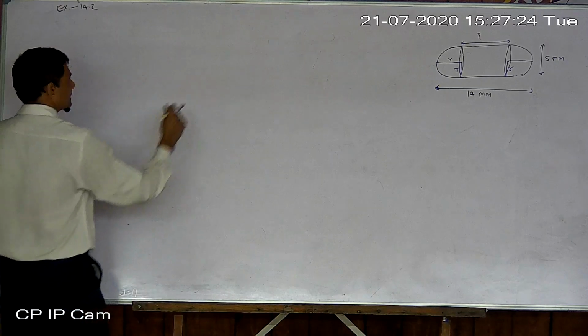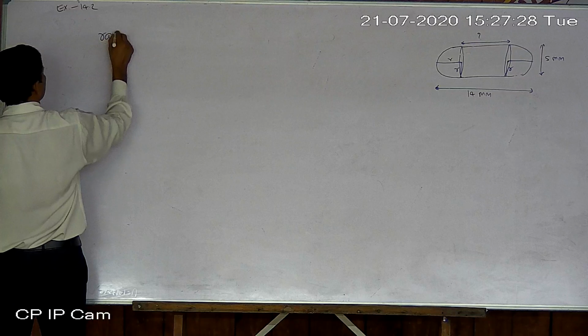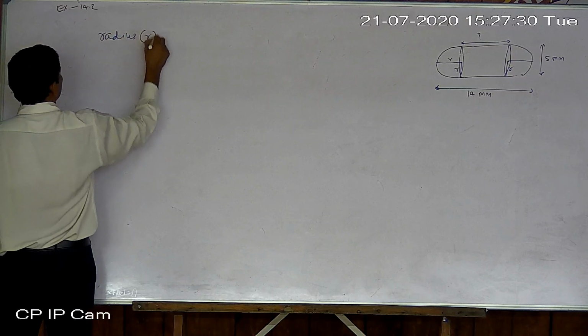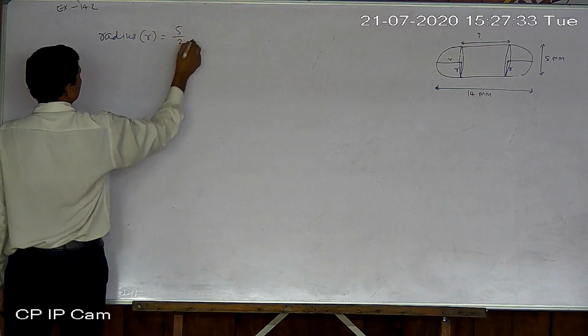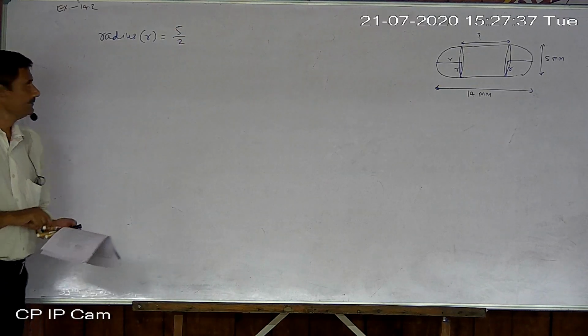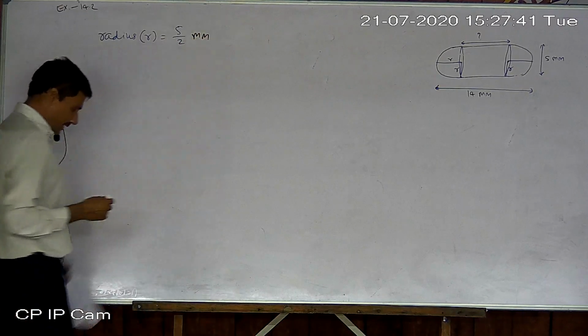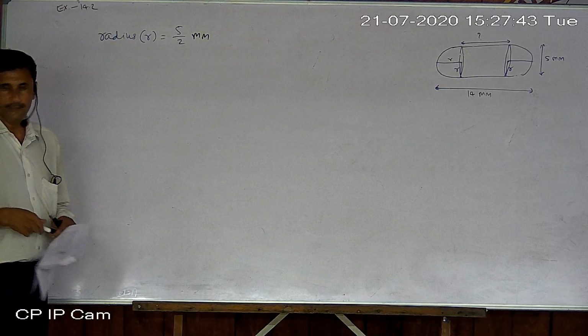Okay. So I am just writing first of all. First I write radius. Radius is not given, so it is 5 by 2, otherwise 2.5. That is up to you how to write. Millimeter. Everything is given in millimeter because it is a capsule only.